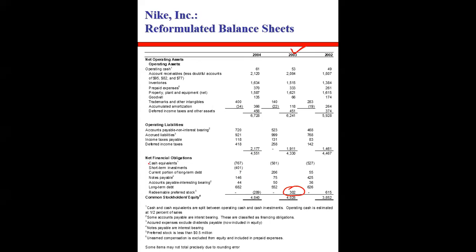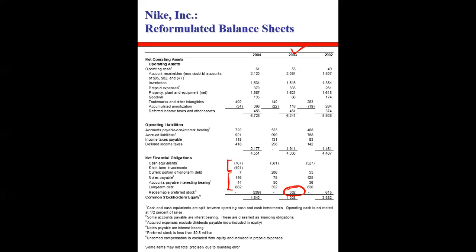Okay, so you see that this is their net financial obligations in 2003, and they have followed this, that they have subtracted the asset item and they have taken the positive of the liabilities item.